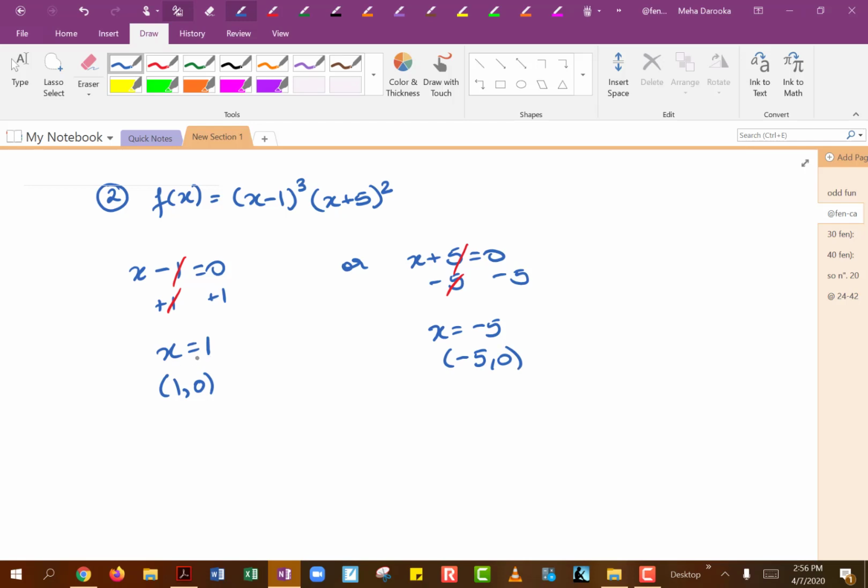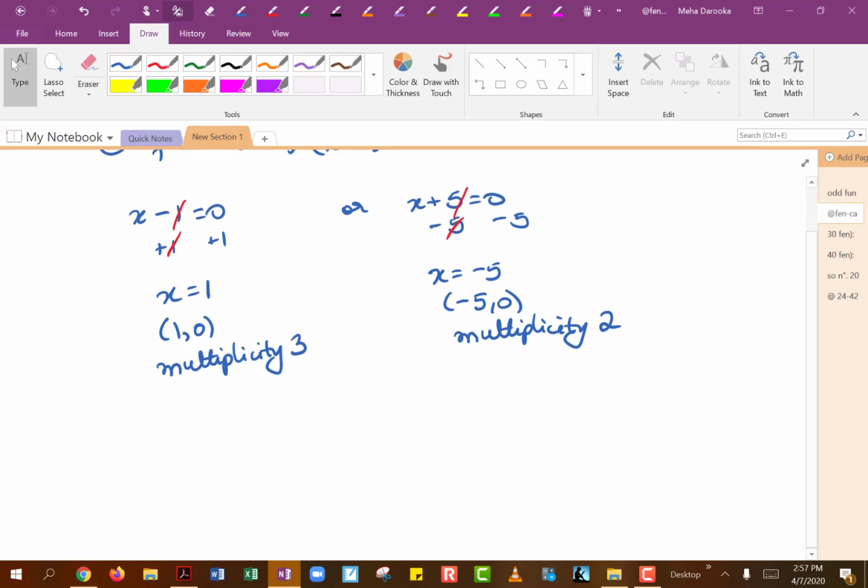Now x equals 1, or the ordered pair (1, 0), was coming from the first factor, x minus 1, raised to the third power. So this had the multiplicity of 3. And (-5, 0) is coming from x plus 5, which was raised to the second power. So that second power is our multiplicity of 2.